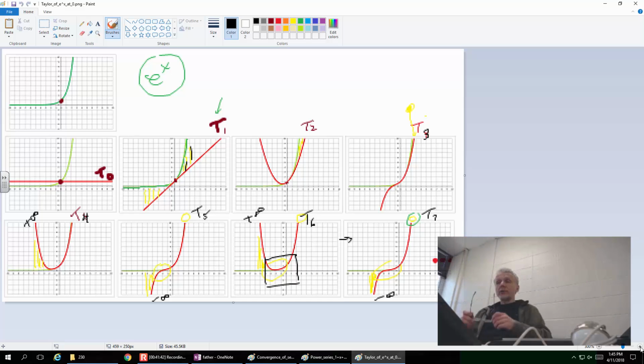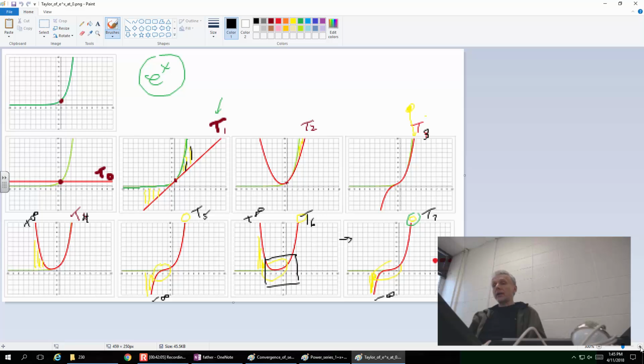The exponential function is approximated by Taylor polynomials, and you can see how it starts to hug the graph of the function. So the green one is our exponential function, and then I start to build more and more Taylor polynomials. Okay, the red ones. Constant, linear, quadratic, cubic, T3. Okay, and then the last row is 4, 5, 6, and 7 degree polynomials.